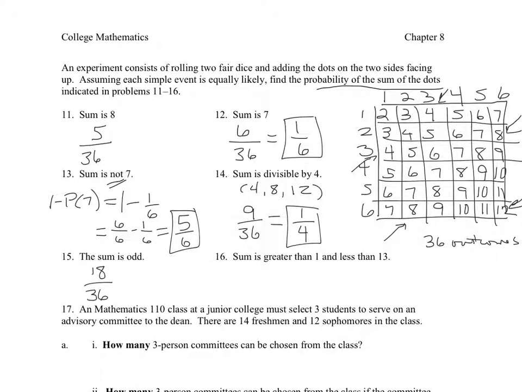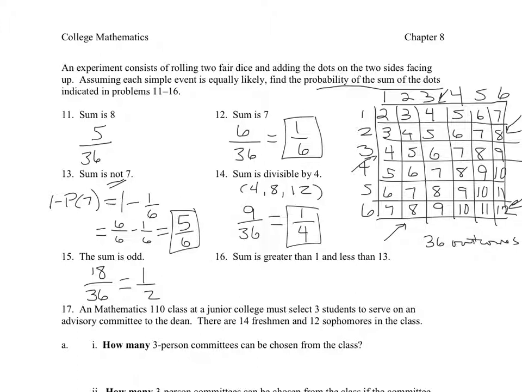Now, is that kind of logical when you think about it? It should be. Half of the time the sum will be odd, which would mean half of the time the sum is even. And if I counted up even, I would also come up with 18.